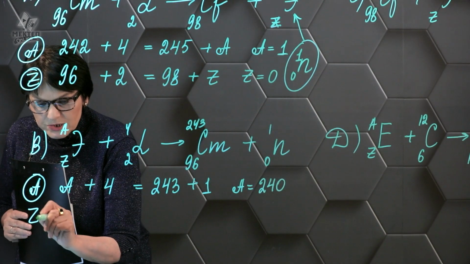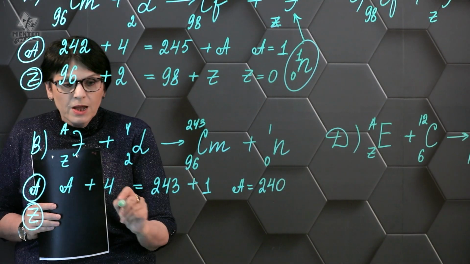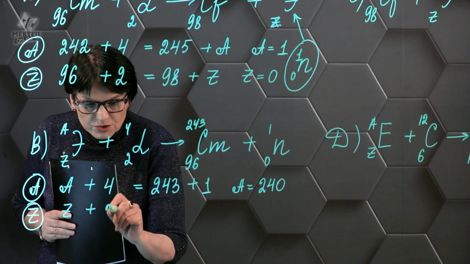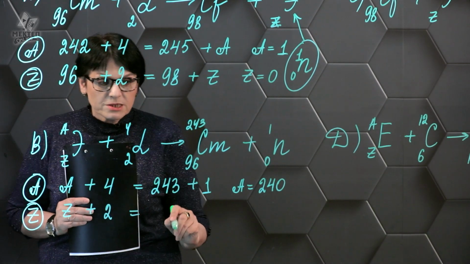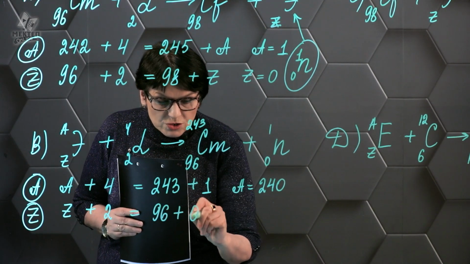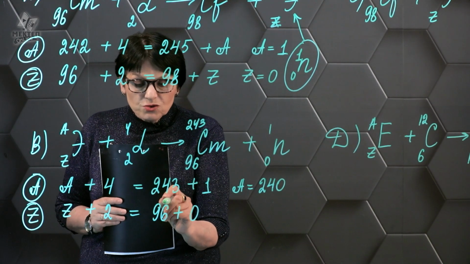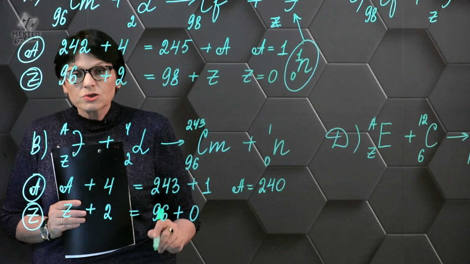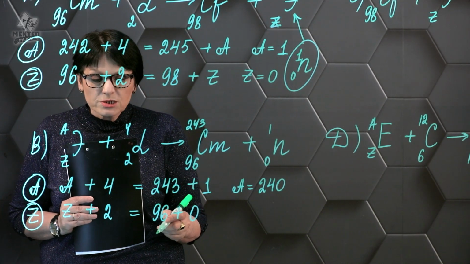Next we need to determine what Z is here. In this case Z is not yet known. Z plus 2 is on the left-hand side, and on the right side is 96 plus 0. Then it's clear that we have 96 on the right side, but the left side must also add up to 96.